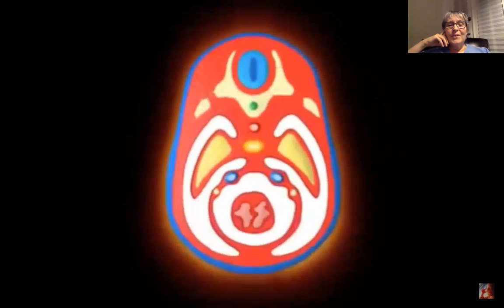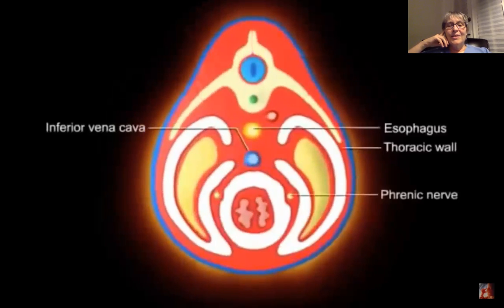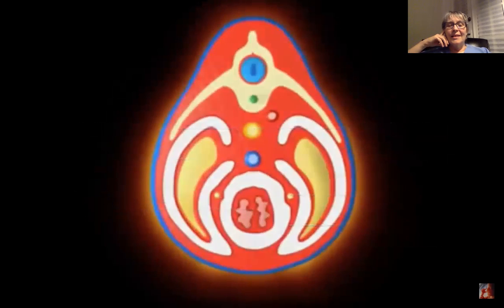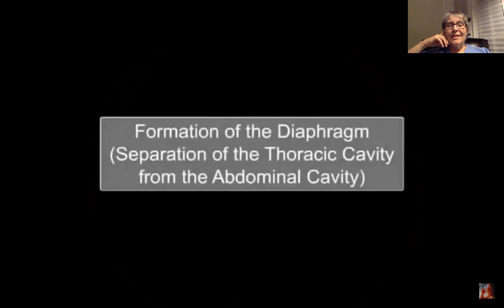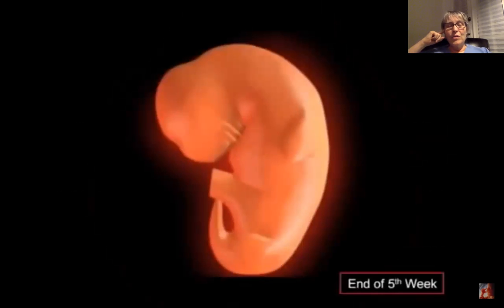So it's hard to understand exactly how this is happening. So there's our esophagus, vena cava, there's the lungs. And then the diaphragm, which we're going to talk about in another little short video after this.